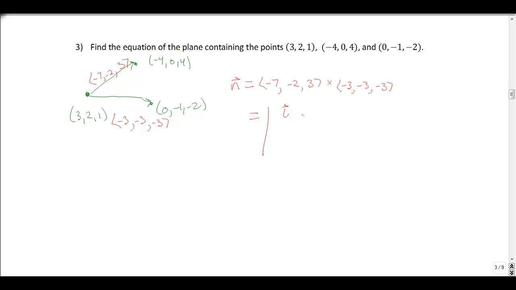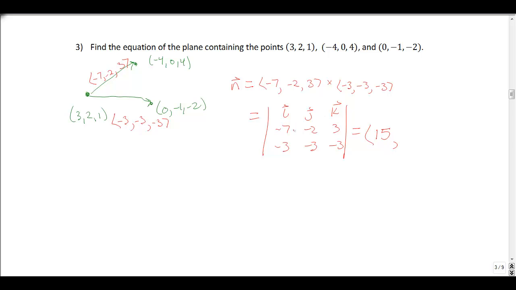So you get, here, let's see, (-7, -2, 3) and (-3, -3, -3). In the I component, we get -2 times 3 is positive 6, minus 3 times -3, that's minus -9, so plus 9, that's a 15.